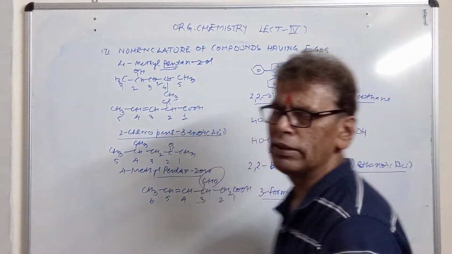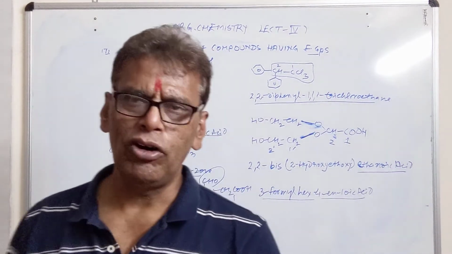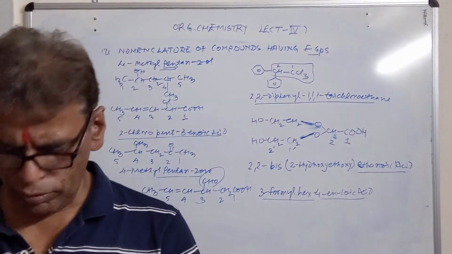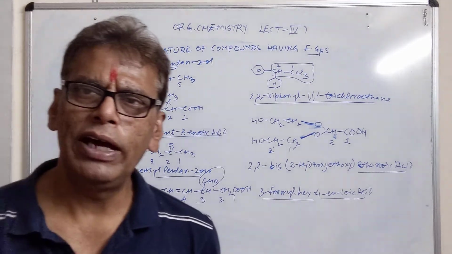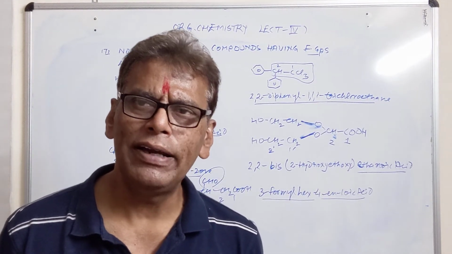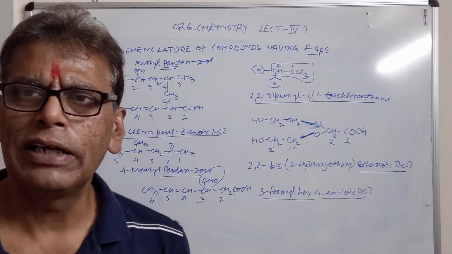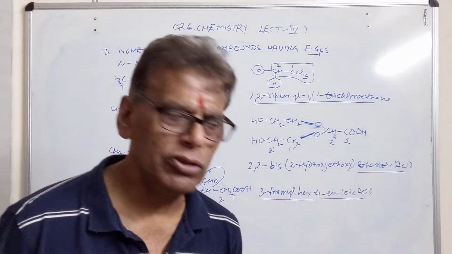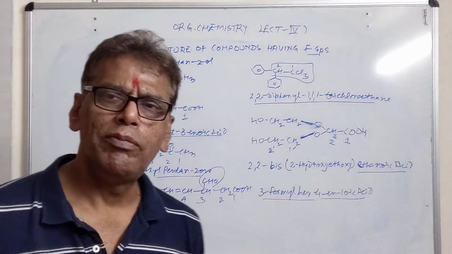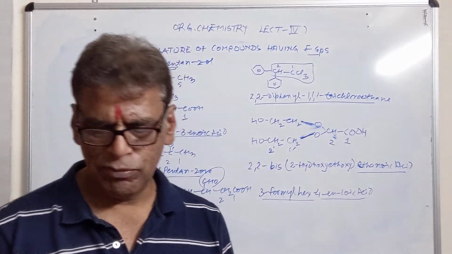This will be the name of this compound. It is having a formyl group as well as a carboxylic group. Since the carboxylic group is more active, it is given priority during the numbering. So we have numbered the chain from that end which gives the lowest number to the carboxylic group, and then we name the compound, with the other group taken as a substituent.